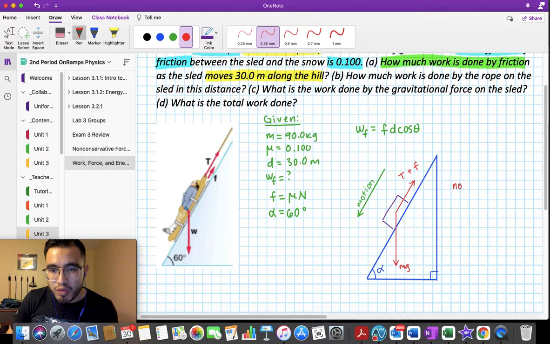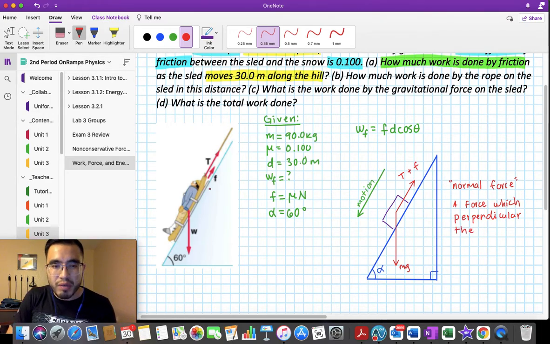When we say normal force, not natural, because for some reason you guys like to say natural force, what that means is a force which is perpendicular to the surface. What is the surface? Well, this is an inclined plane or this triangle. It would be the actual hill, right? So this is the surface.